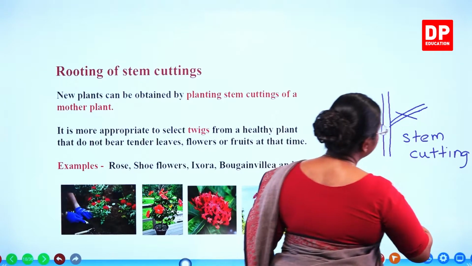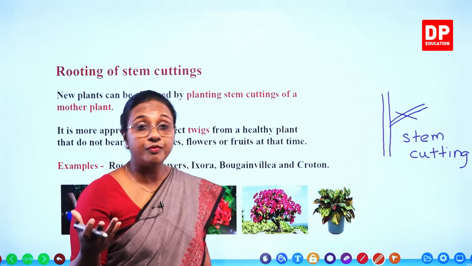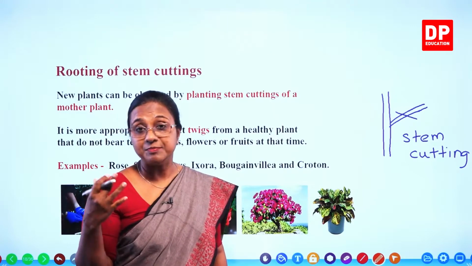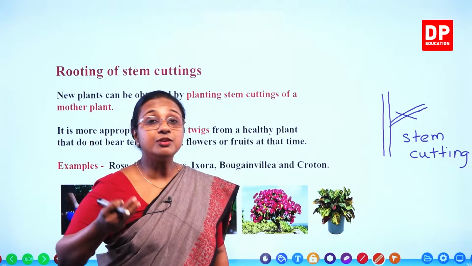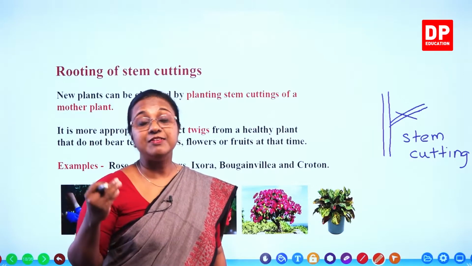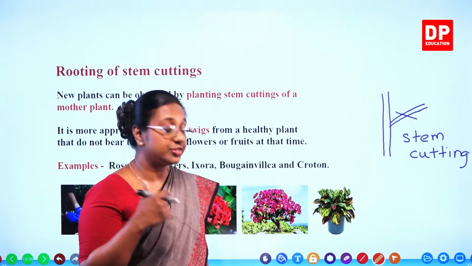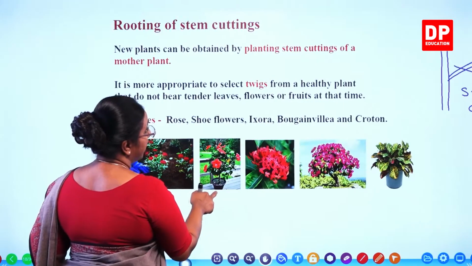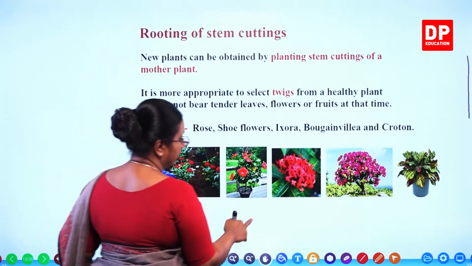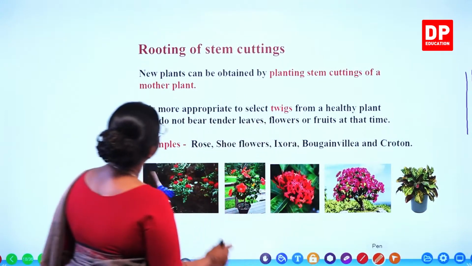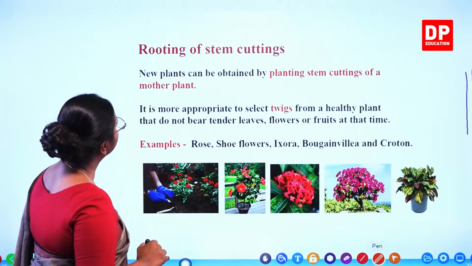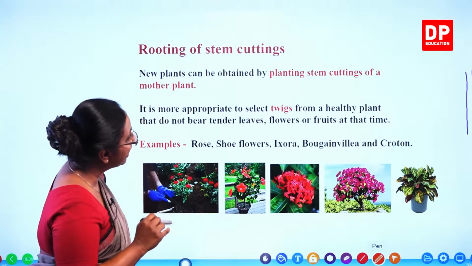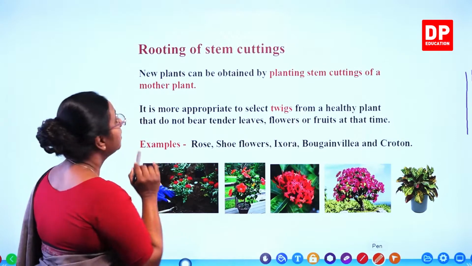And so, when we plant it, there is root formation. That is why we call this method rooting of stem cutting. To make the roots form more efficiently, we can also use growth substances. Now we will see how this is done. Here you can see, new plants can be obtained by planting stem cuttings of a mother plant.